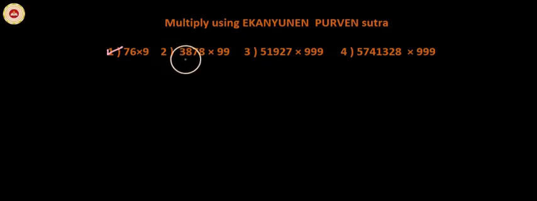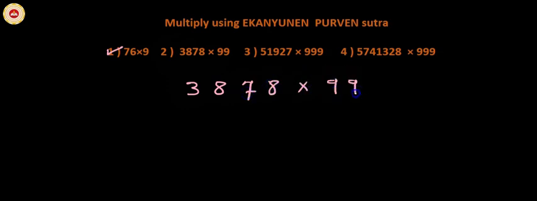Example number 2. 3878 multiplied by 99. Right? So the first step is to calculate Ekanyunen of the multiplicand, that means subtract 1 from this multiplicand. 3878 minus 1 is 3877.